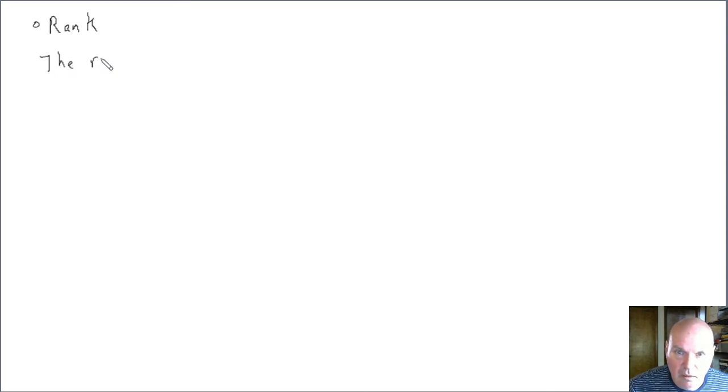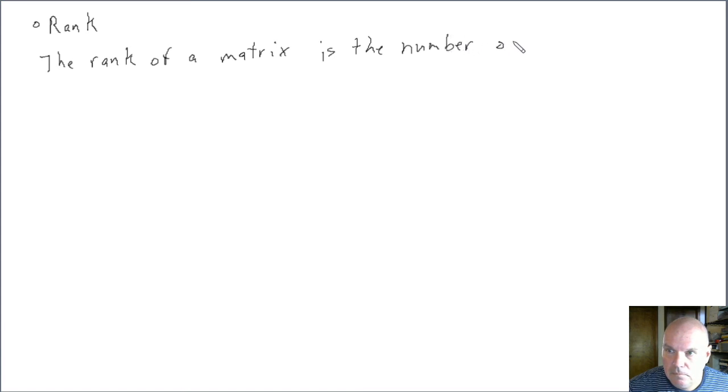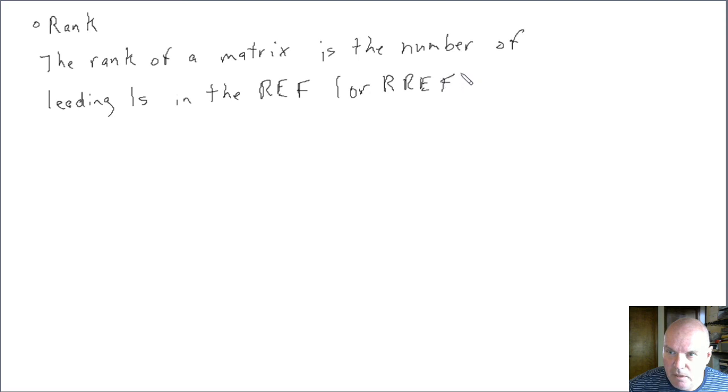The rank of a matrix is the number of leading ones in the row echelon form of the augmented matrix, or the reduced row echelon form. They'll both always have the same number of leading ones.